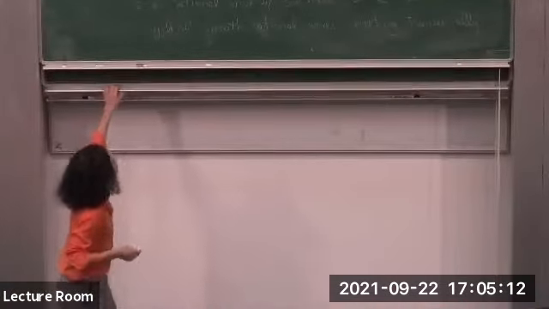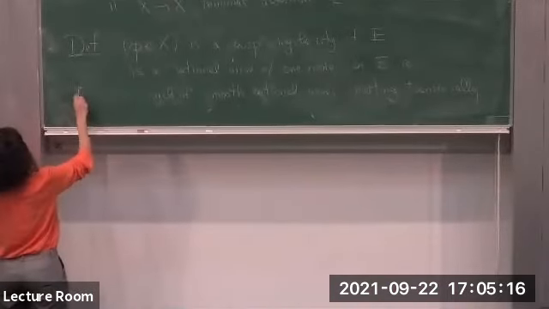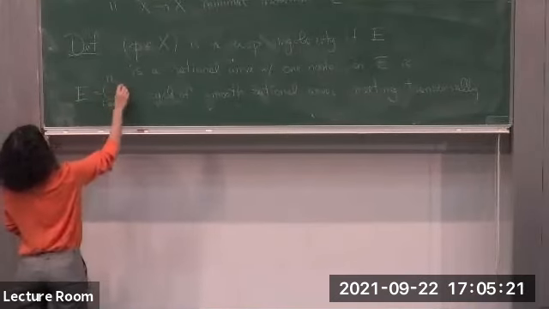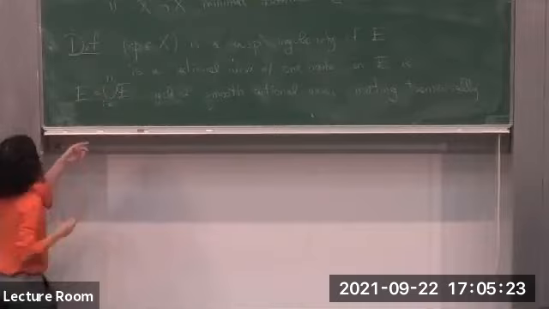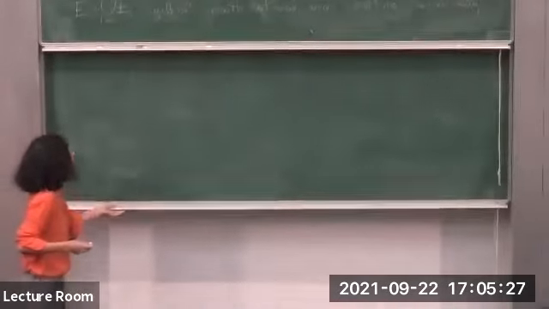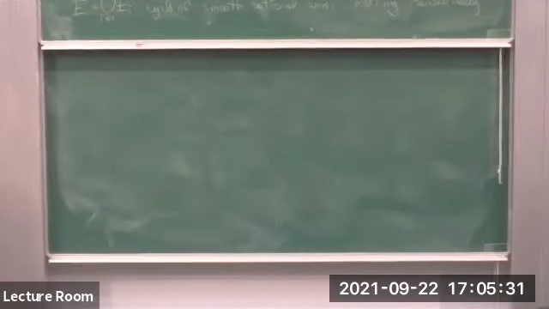In this case, E is the union of a bunch of irreducible components. Notice there are some conditions on the self-intersections.